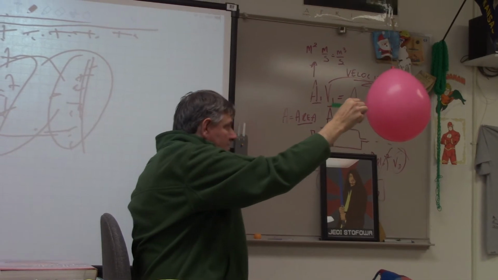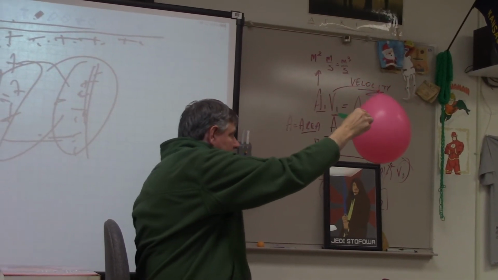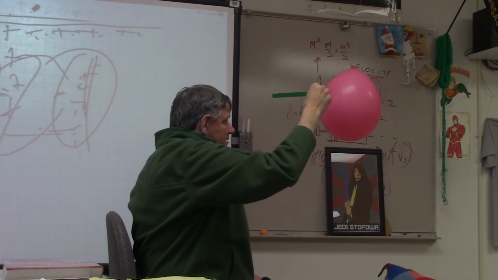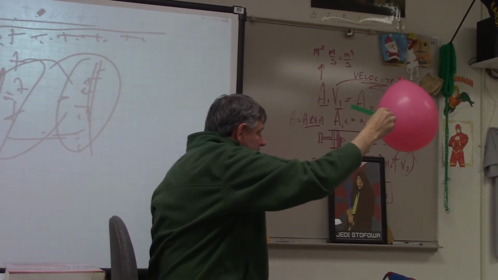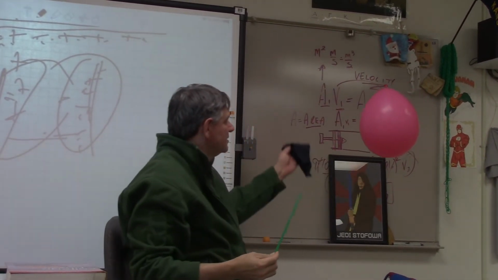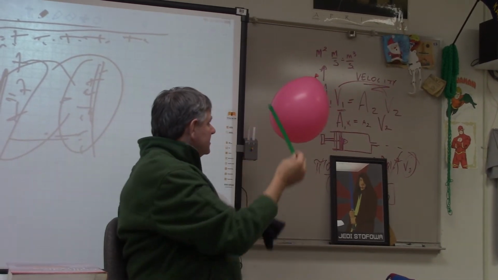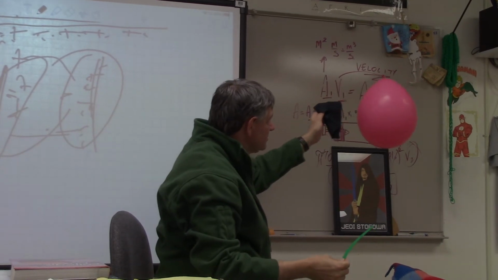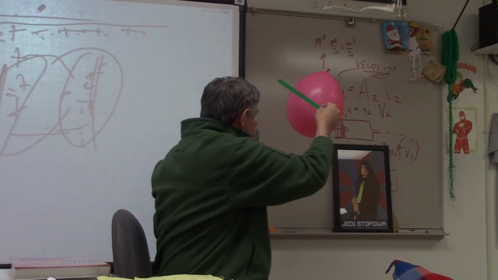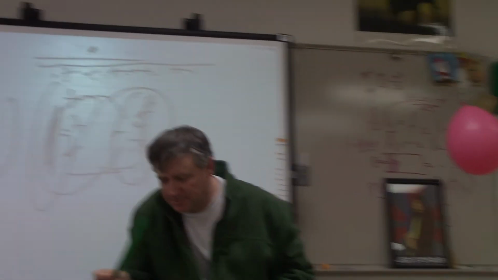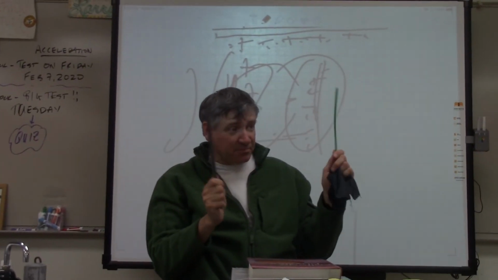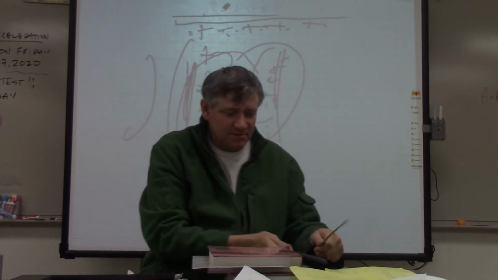Whoa, it's also negative. It's repelling. What just happened? It makes sense. The cloth is attractive. So the two pieces of plastic, you rub with silk, both became negatively charged.